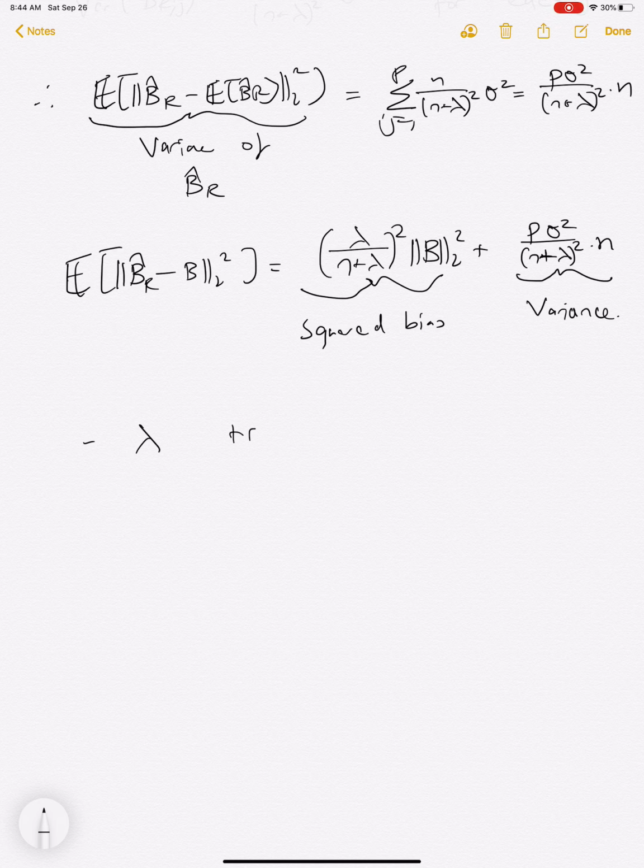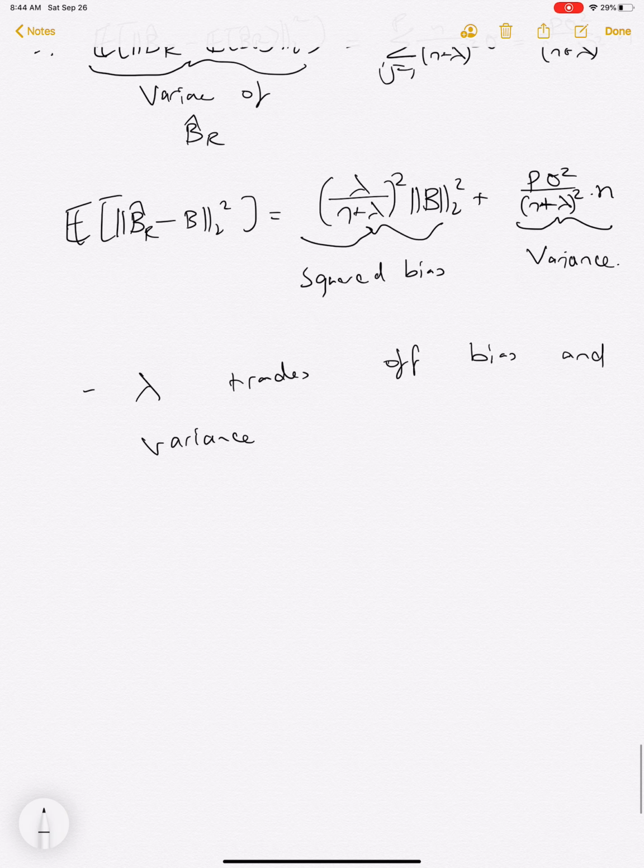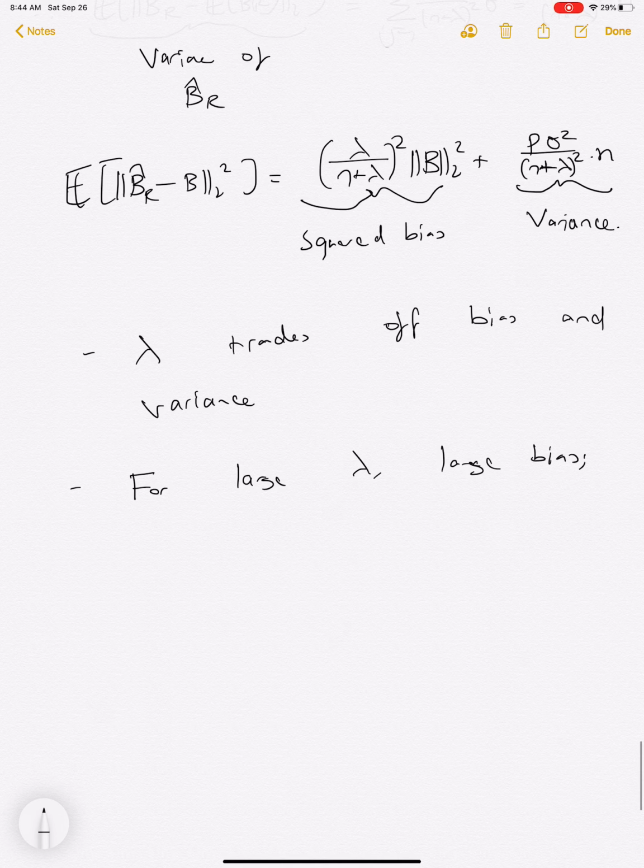So one thing to note here is that essentially lambda trades off bias and variance. And this is a very common theme of these kinds of regularization objectives. For large lambda, large bias, but the advantage here you can see is small variance.